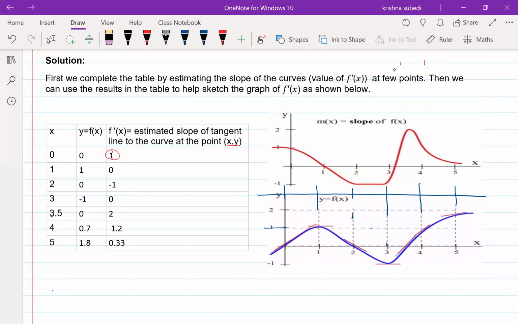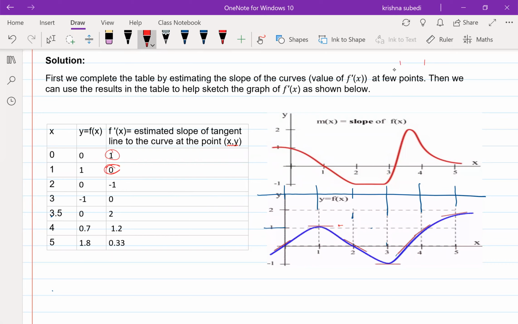Now, another point that I want to choose, easy to figure out, is this point right here. If I draw a tangent line at this point, this is a horizontal line, and we know that the slope of the horizontal line is 0. Okay, I'm putting that all the way here in the table. This column is for the derivative.